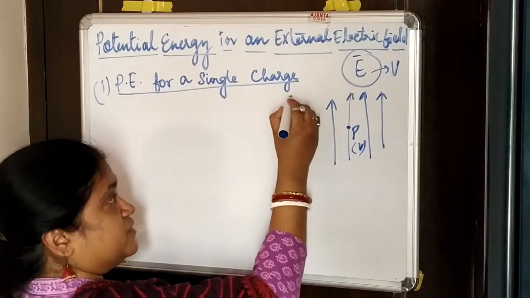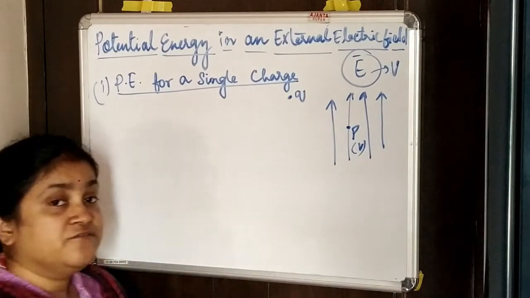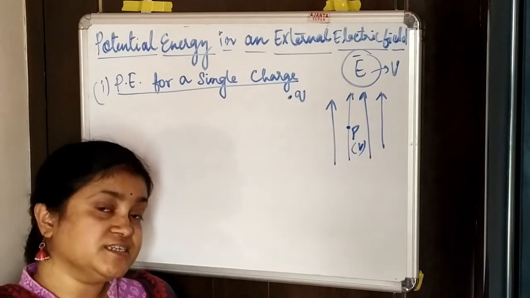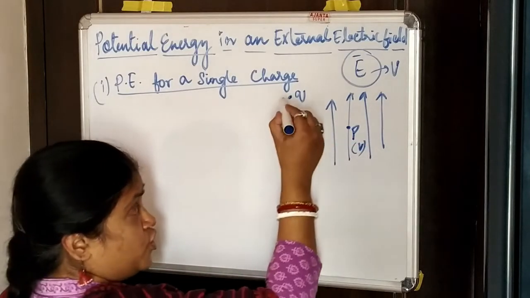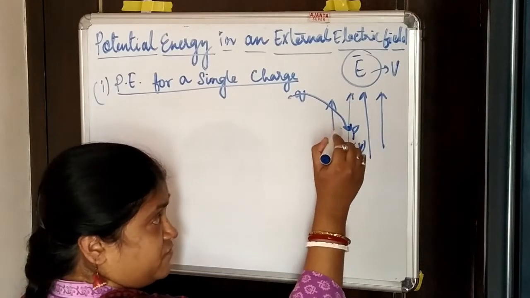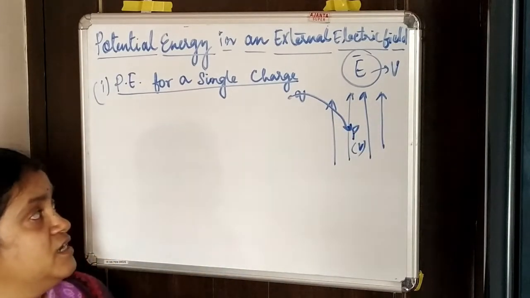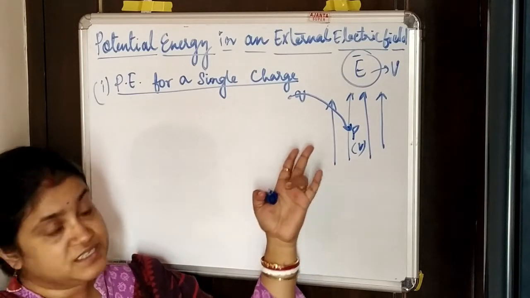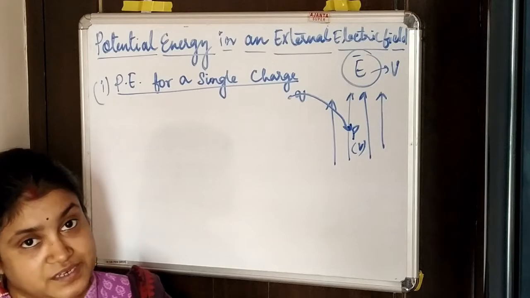Now I am trying to bring a charge Q from infinity to this external electric field. To bring this charge to a point P in the external electric field, the system must do some work against this external electric field.